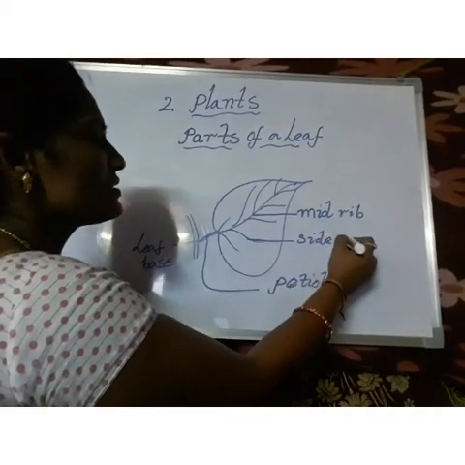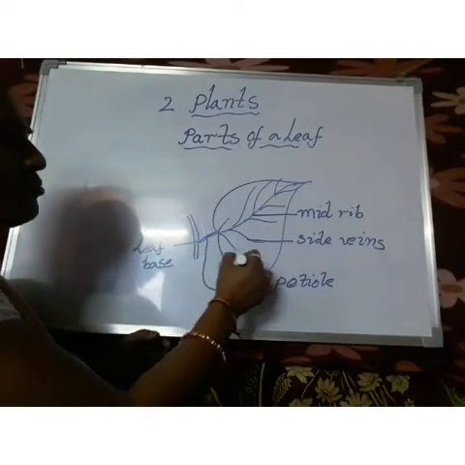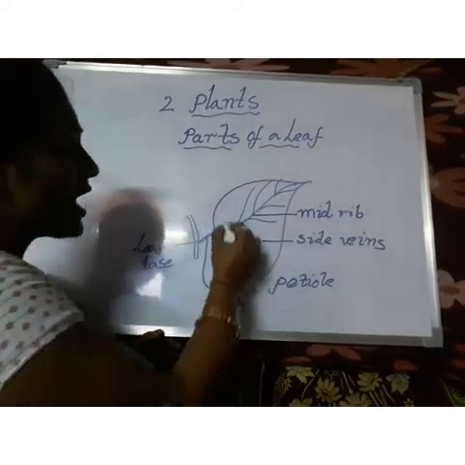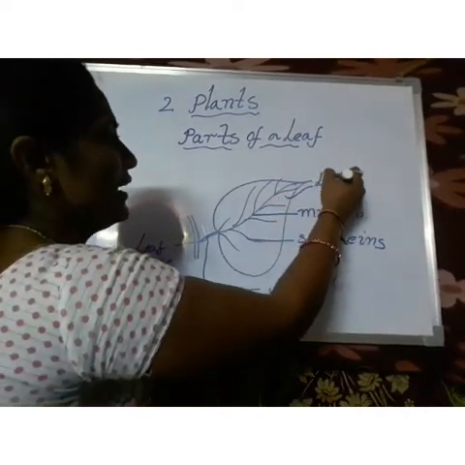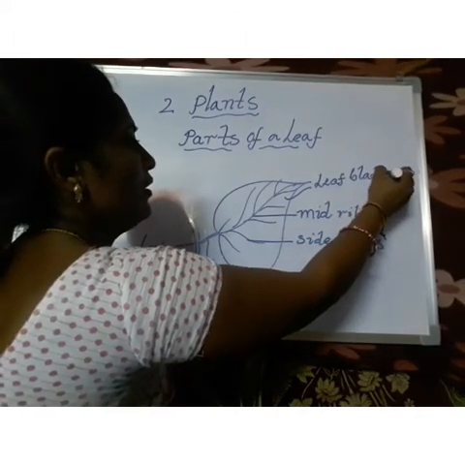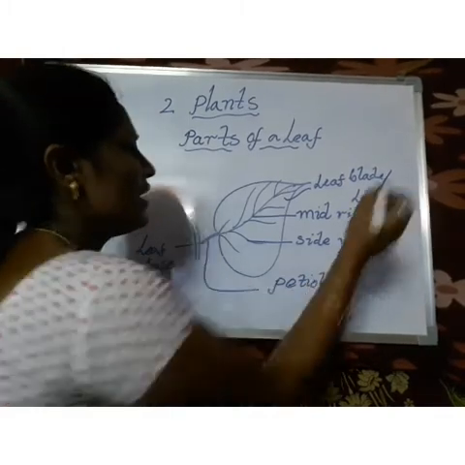And this whole flat portion of the leaf we call the leaf blade or lamina.